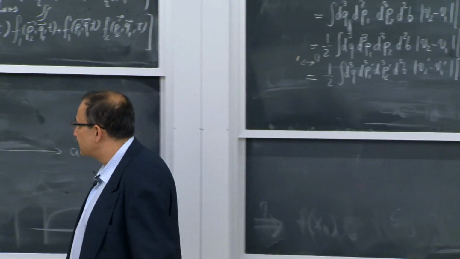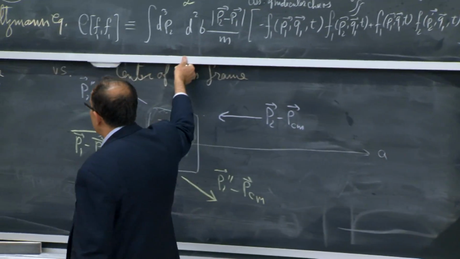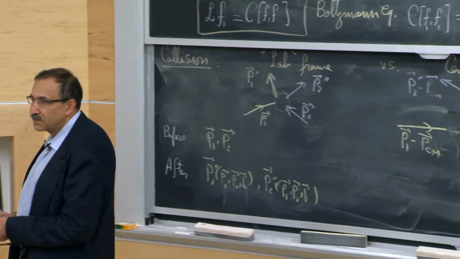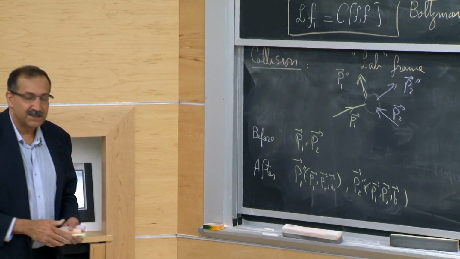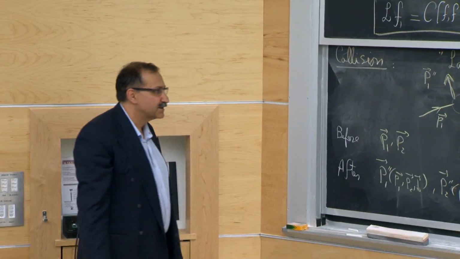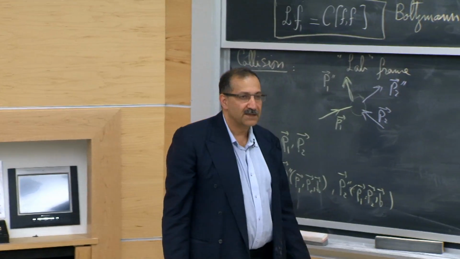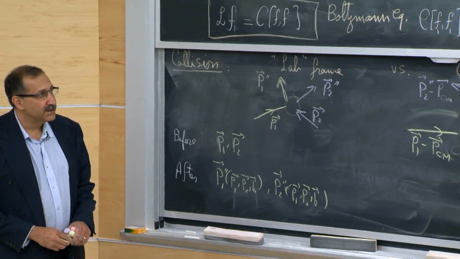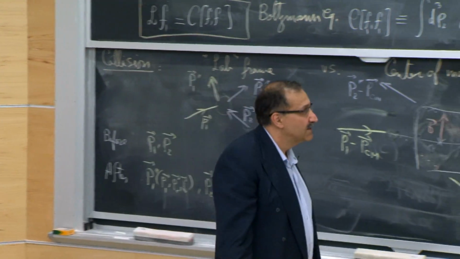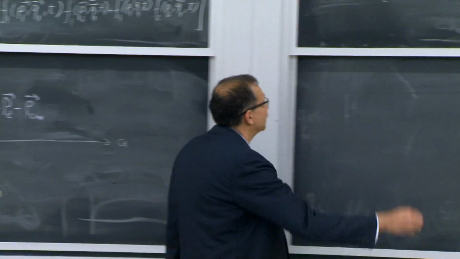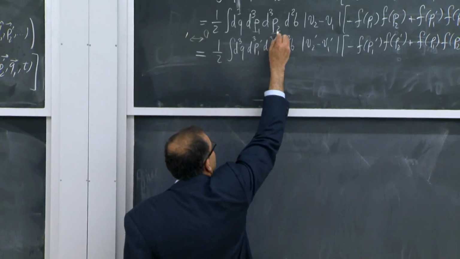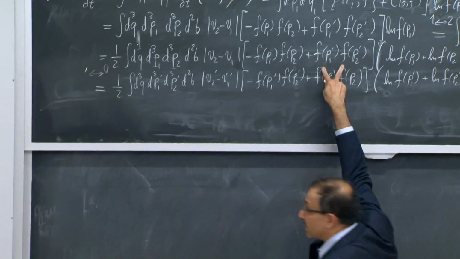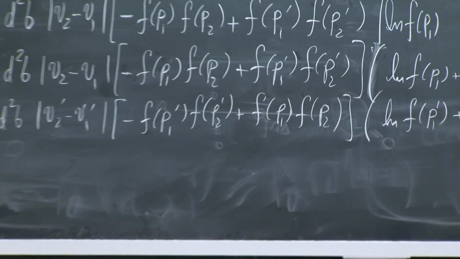So this is a statement that just says I move the primes and unprimes. It's very easy to come up with this answer, but you have to think very much about what that means. Essentially, what I originally had was integration in variables p1 and p2, and p1 prime and p2 prime were never integration variables.